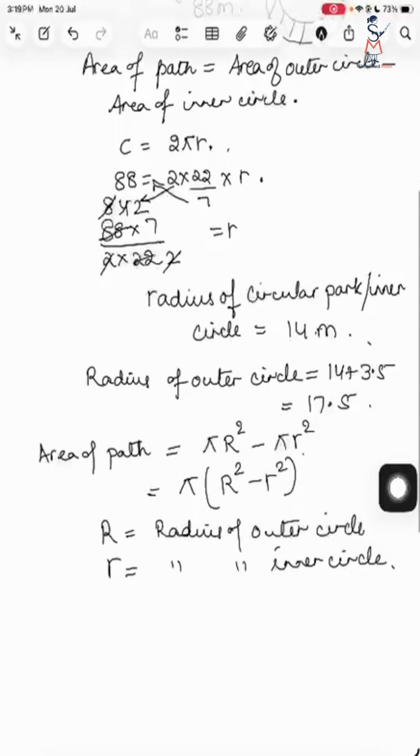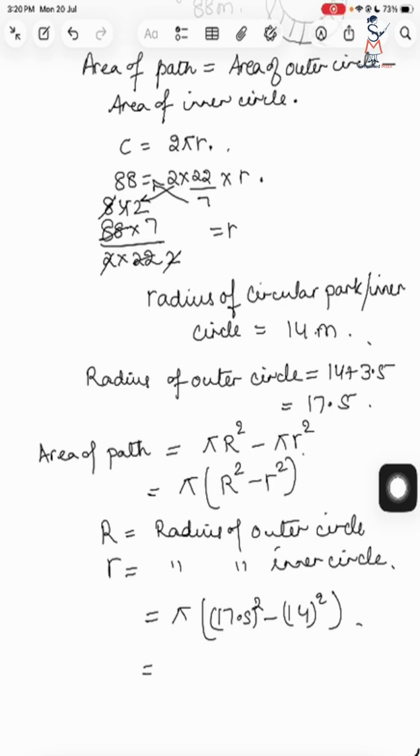Fine. So now this will become pi, R is outer circle, 17.5, right? So 17.5 square minus 14 square. This is your required area.